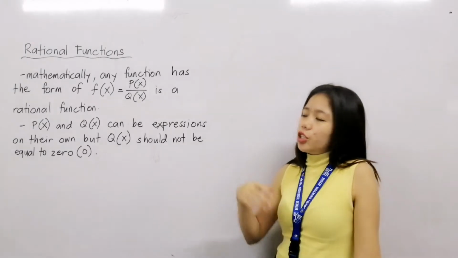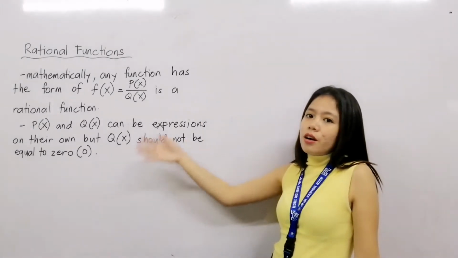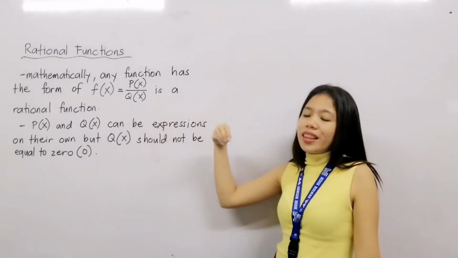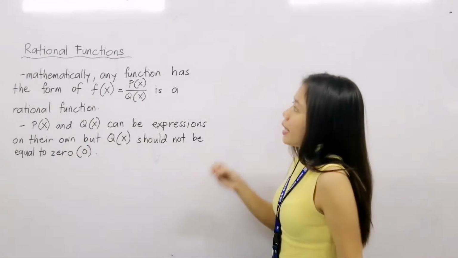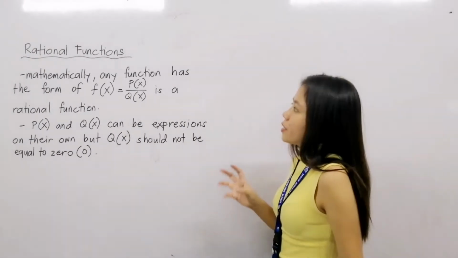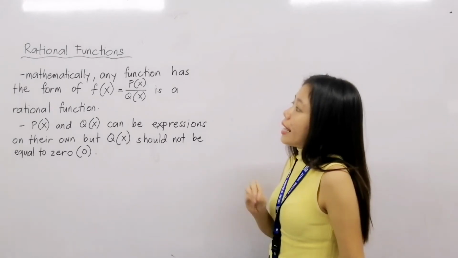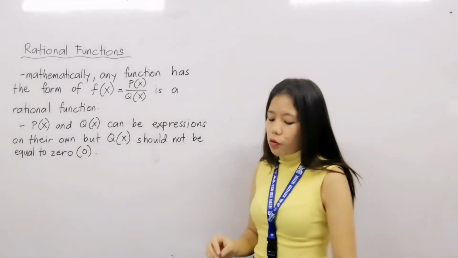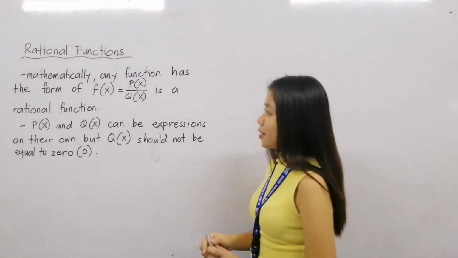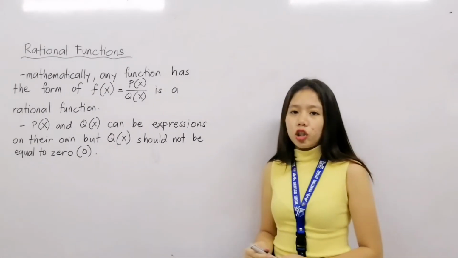As for the definition, rational function is one type of function. Any function of the form f of x is equal to p of x over q of x is a rational function.